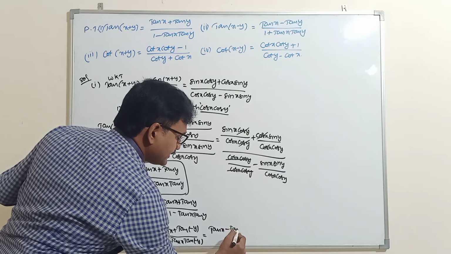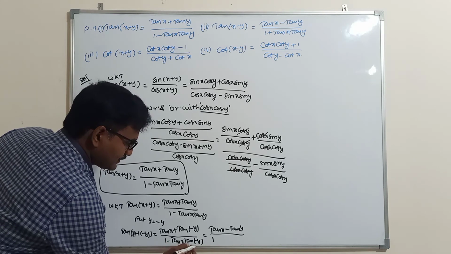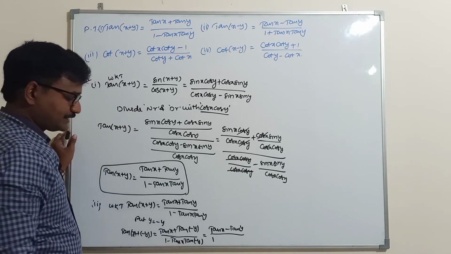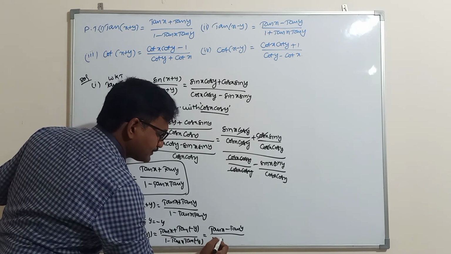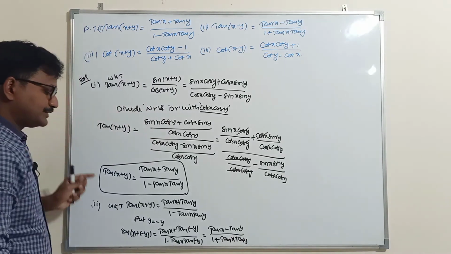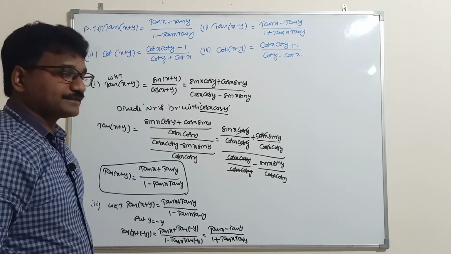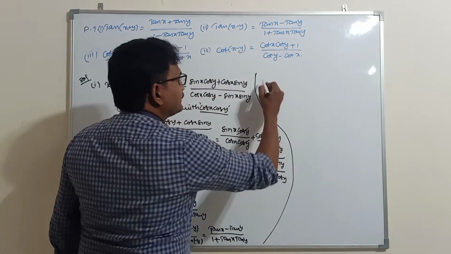So this will become minus tan y by 1 minus, tan of minus y is minus tan y. Minus into minus tan y will become plus. So it will become minus of tan x tan y. So this is the formula for tan of x minus y: tan x minus tan y by 1 plus tan x into tan y.